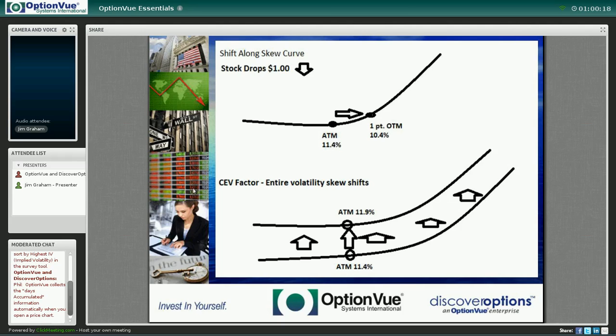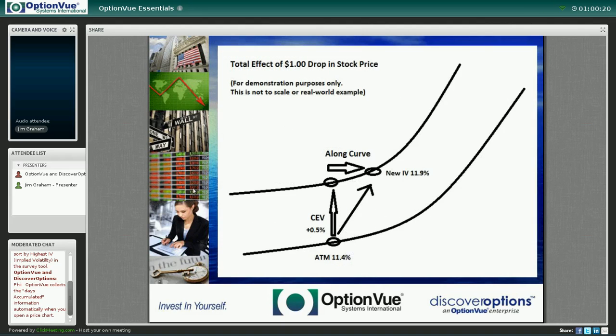I just did it, as I also put on this next slide, that this total effect of $1 drop in stock price, for demonstration purposes only, this is not to scale or a real world example, just that as the stock drops $1 and the vol skew curve shifts up, what's happening to the option that you own, it was an MIV of 11.4, went up by 0.5% because of the CEV effect, but it's now $1 out of the money, so the new MIV is actually 11.9.